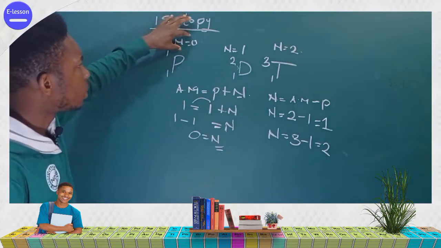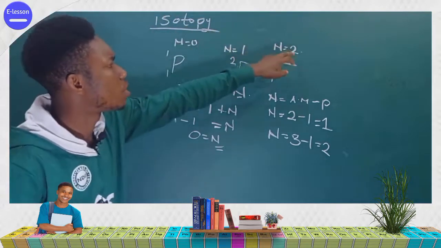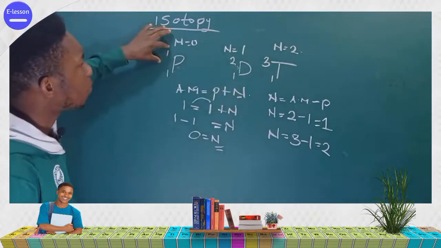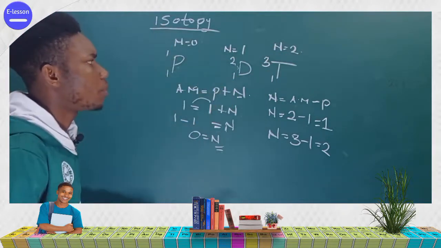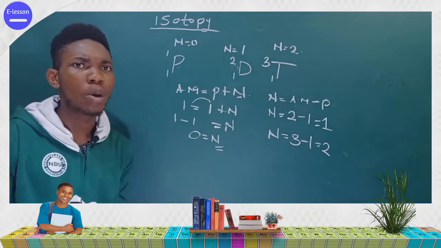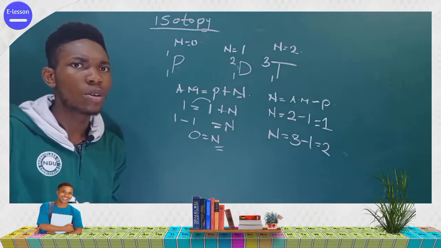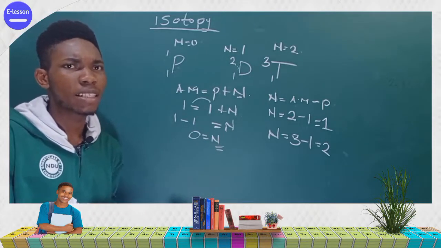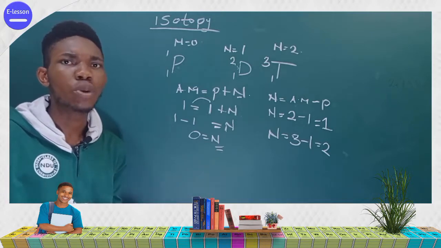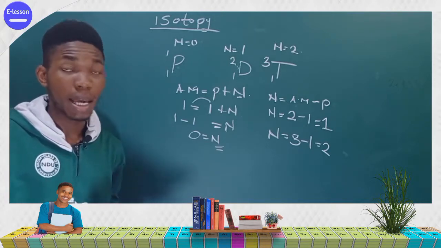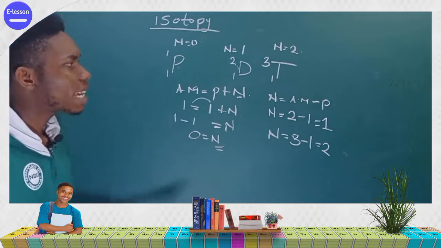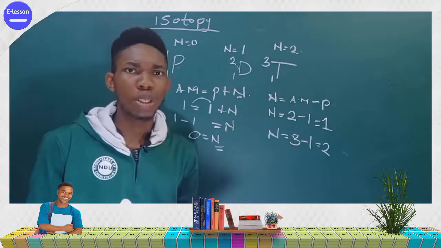You see that the neutron here is 0, here is 1, here is 2, and hence the atomic mass differs appreciably, because the atomic mass is the number of proton plus neutron. So if the neutron differs, it means that the atomic mass will surely be different. Is that clear? So that is the idea of isotopy.